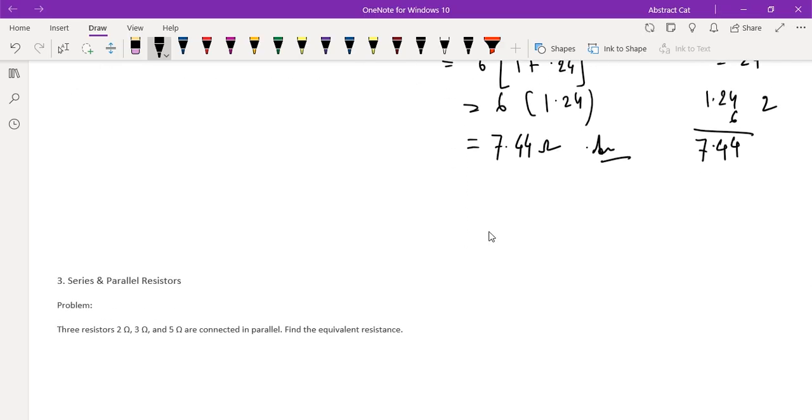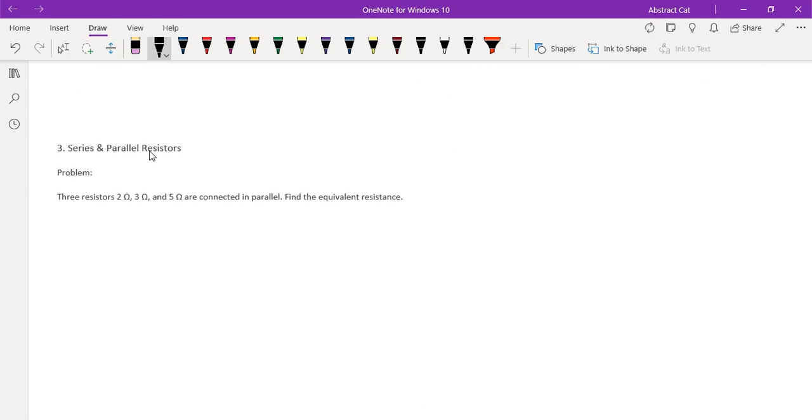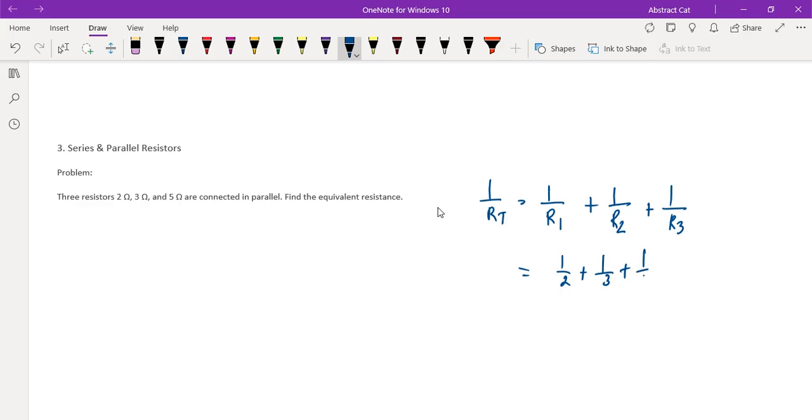Problem number 3, series and parallel resistors. Three resistors 2, 3, 5 are connected in parallel; find their equivalent resistance. That's a very easy problem. So 1 by RT equals 1 by R1 plus 1 by R2 plus 1 by R3, that is 1 by 2 plus 1 by 3 plus 1 by 5.